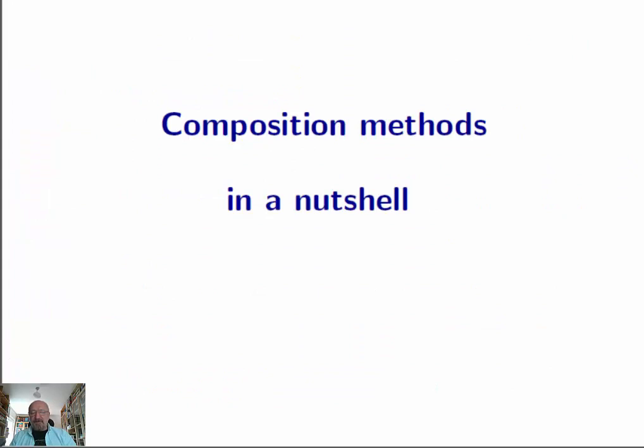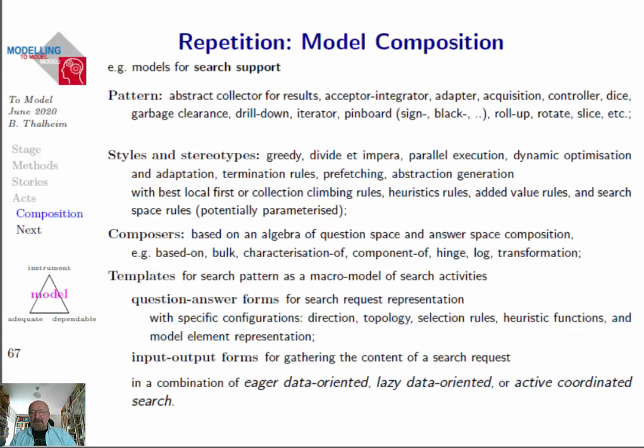We considered already a composition method that is based on stereotypes that can somehow be used for refining them to patterns based on some styles. We can use composers and we can derive finally templates, as we did already for our search models and our search approaches and our search support.